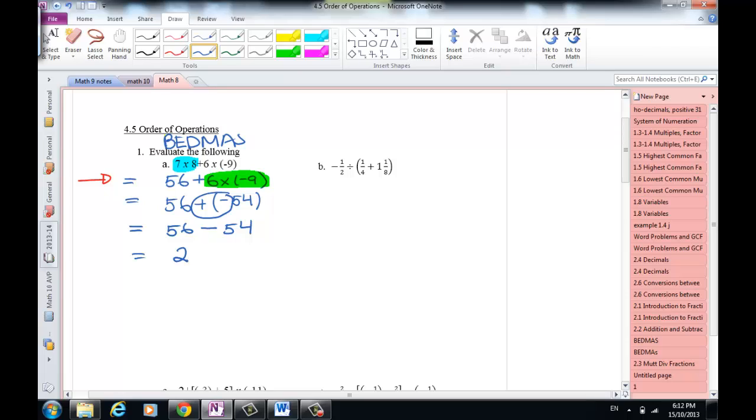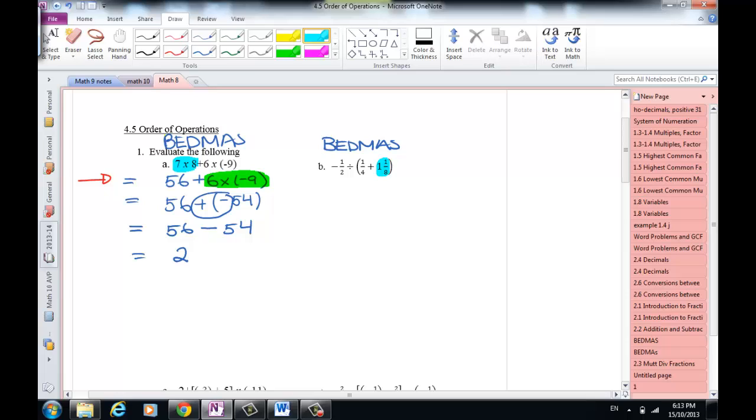Alright, we're going to go on to some more difficult ones now. So the next one we have fractions. I'm going to write BEDMAS right on top. Alright, now I see negative a half divided by 1/4 plus 1 1/8. So we have a bracket, and inside the bracket what I really want to simplify first is this piece.